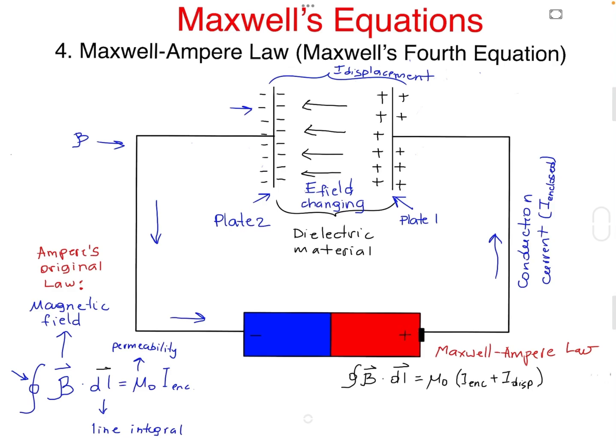When there is no capacitor, the displacement current will be 0, and the law obeys Ampere's original law. But now, if we have a capacitor, which means we have a displacement current, we do have to add this new term, the displacement current. So this displacement current is equal to, there's a specific equation for that, the permittivity. What's permittivity? When you have a dielectric material, you always have a permittivity.